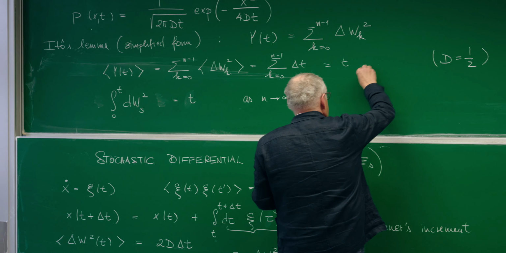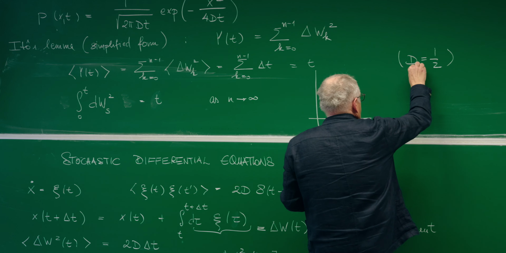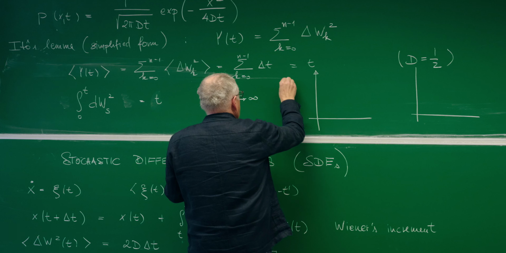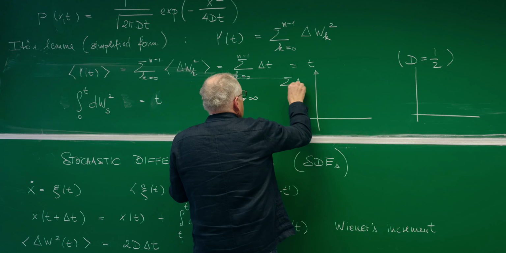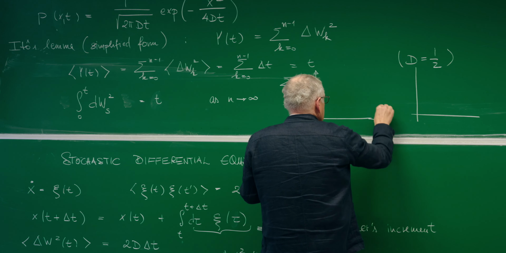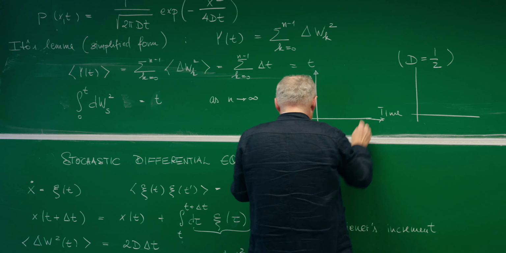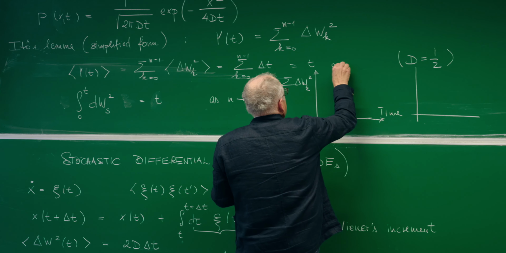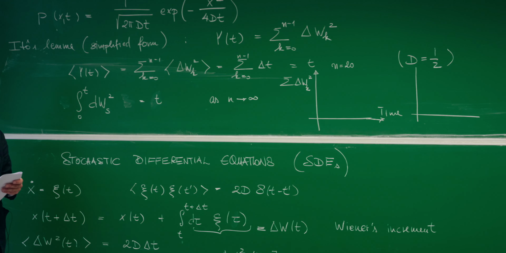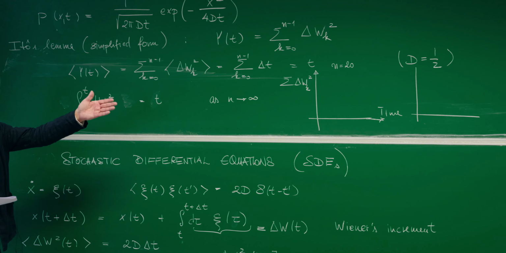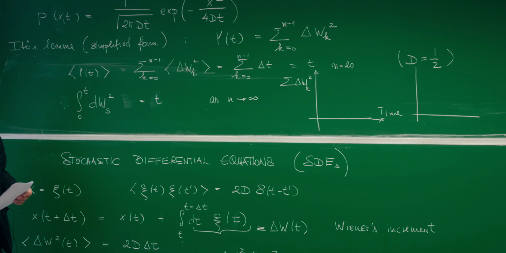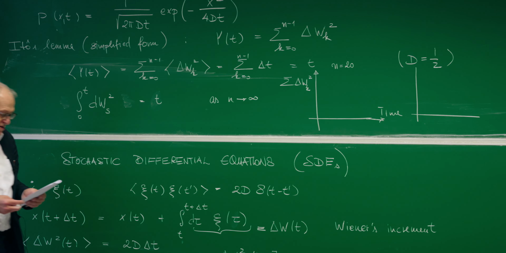So let's say I draw two things here. I draw on the board my random variable, which is the sum of the delta w_k squareds. And here I have time. And I'm now taking 20 points along the time discretization. And I evaluate this stochastic variable many times by choosing the corresponding values from a Gaussian distribution.